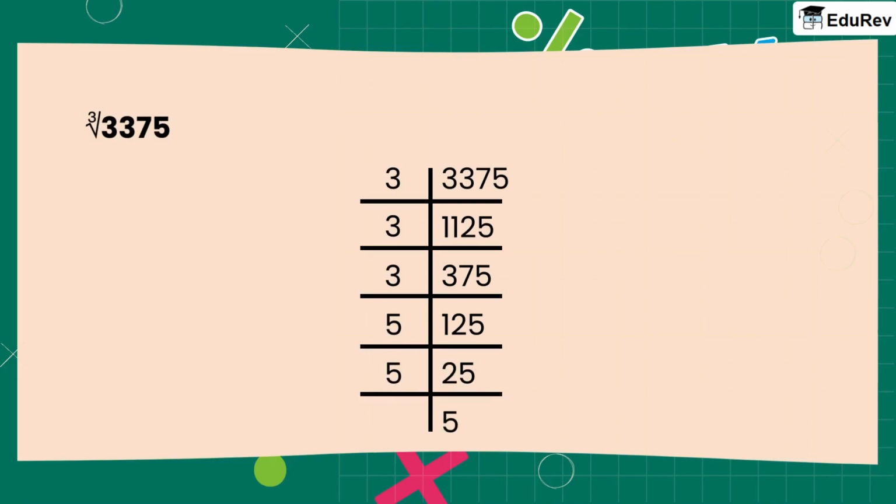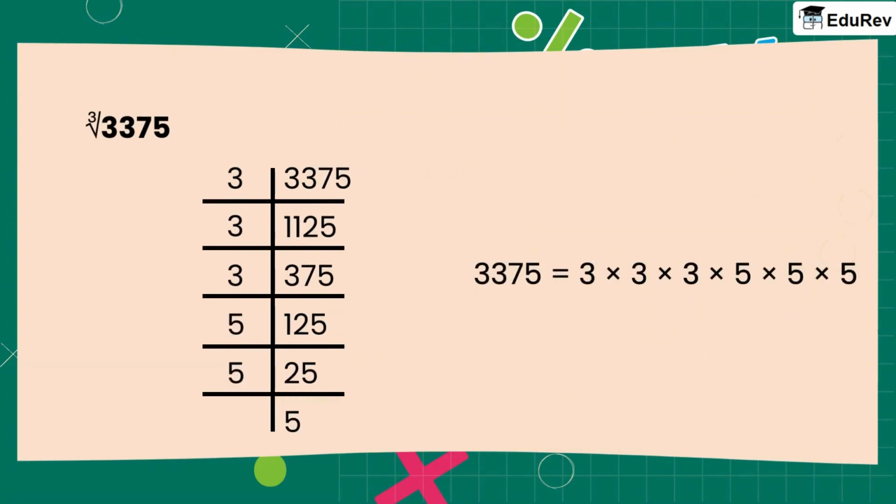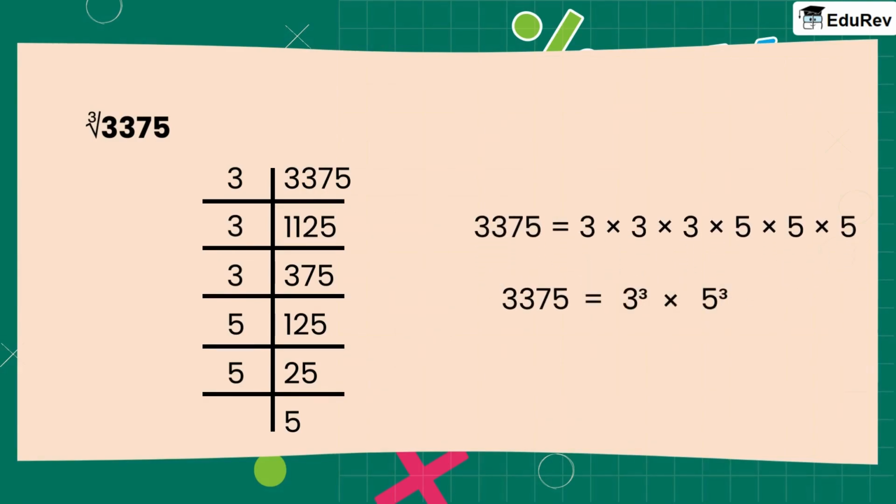So the prime factors of 3375 are equal to 3 into 3 into 3 into 5 into 5 into 5, equal to 3 cube into 5 cube. Now, to get the cube root, we remove the power of 3 from the numbers. So, we get 3 into 5, that is 15. This implies the cube root of 3375 is equal to 15.